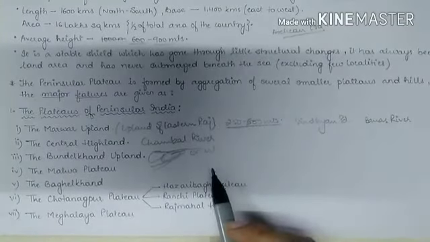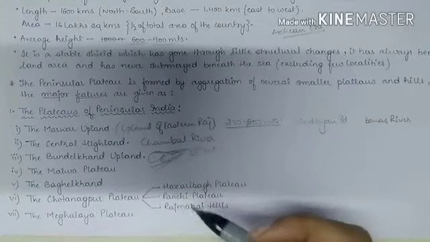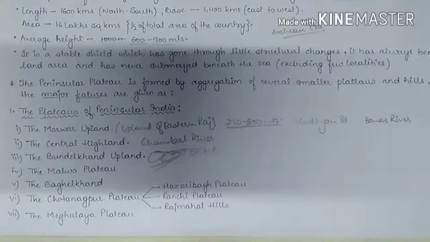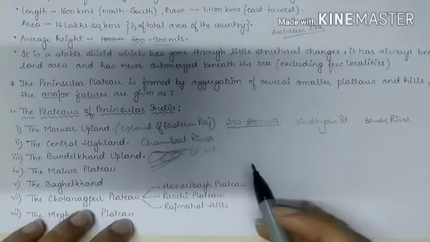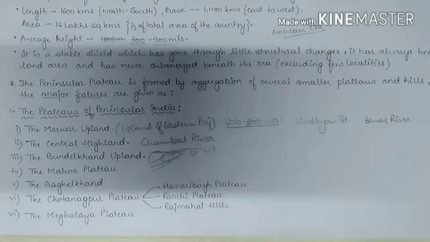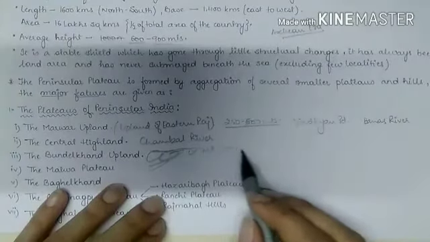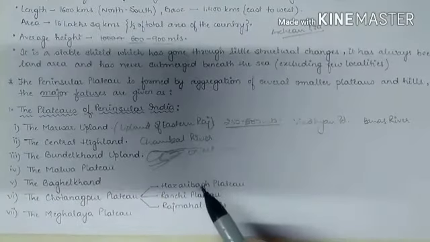Now, as it is lying in the area where the rivers are active, the streams like Betwa, Ken have carved out steep gorges in it. So we have the rocky bank, and in this rocky bank we have steep gorges and many waterfalls.